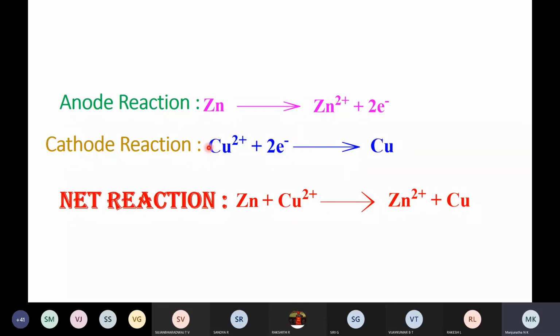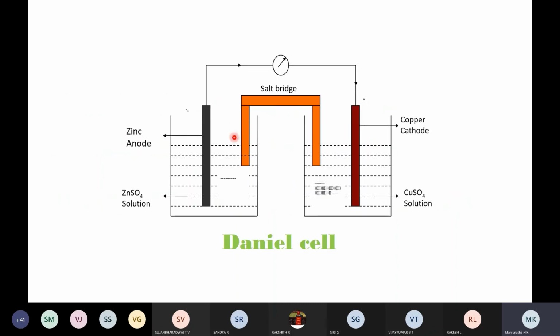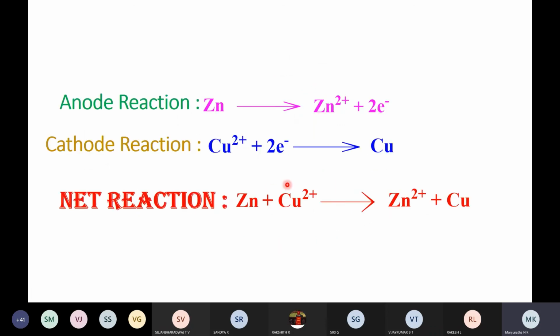Once the reduction reaction starts in the right hand side container, the voltmeter present starts to fluctuate. It shows some value. That value indicates conversion of chemical energy into electrical energy due to this net reaction. It's clear?